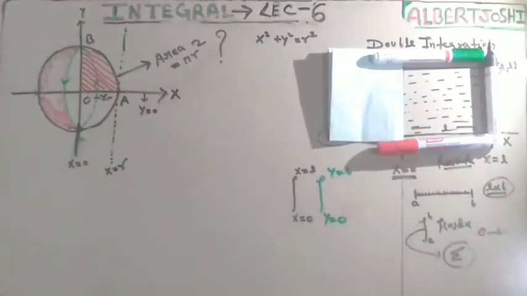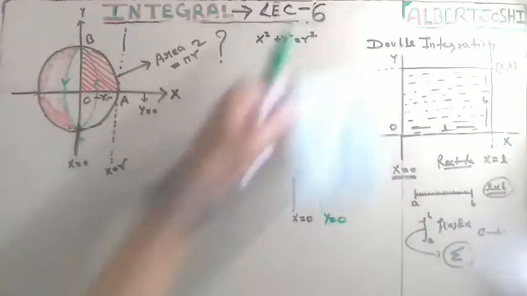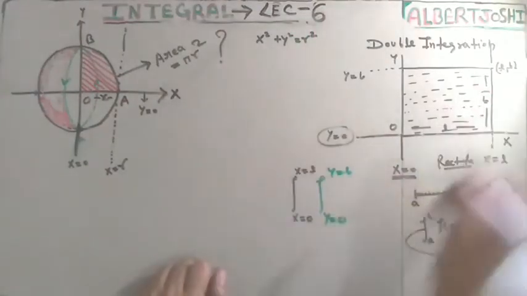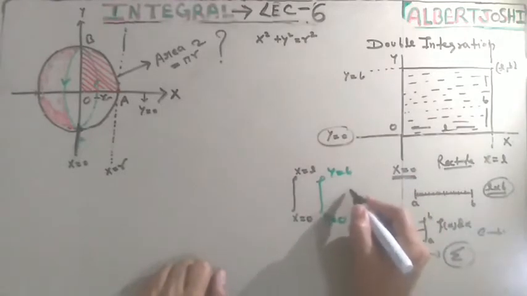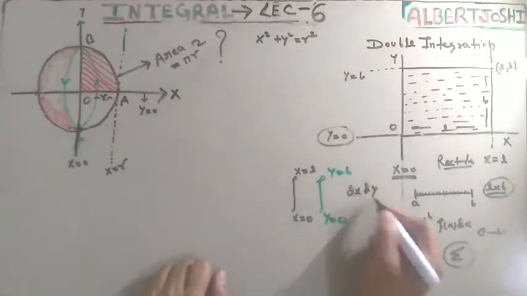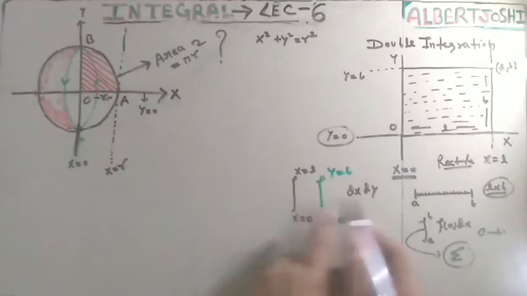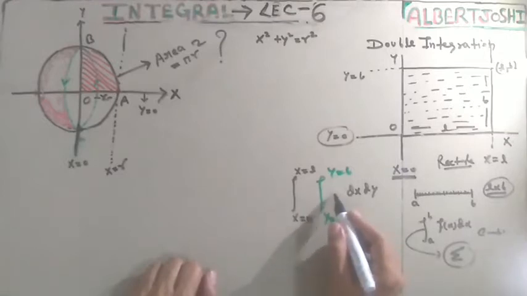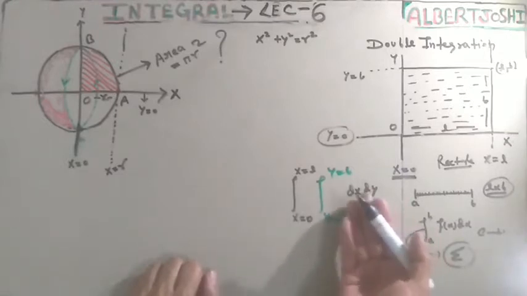That is the way to find the area of any shaded portion. This is the rectangle, so we write dx dy. This is integration with respect to x and this is integration with respect to y. There is no function here, so you will integrate with respect to either y or x.